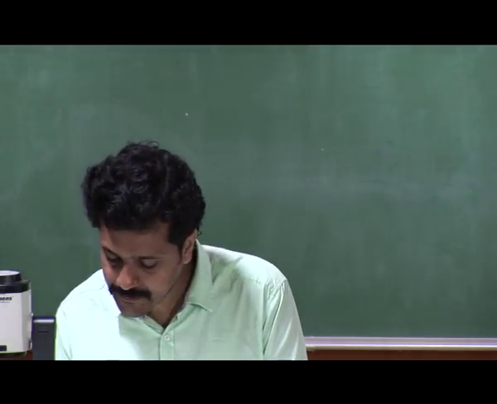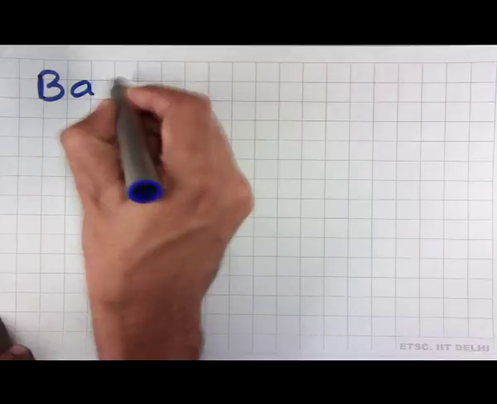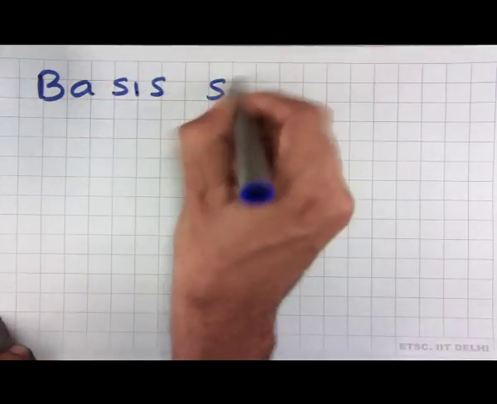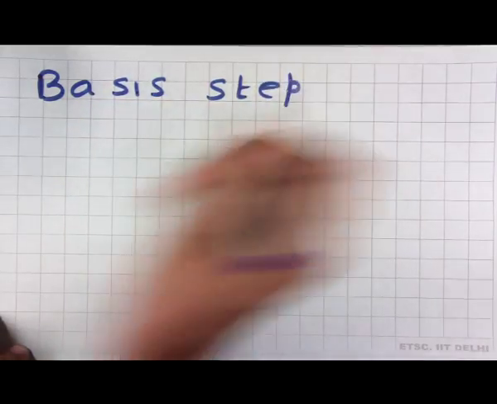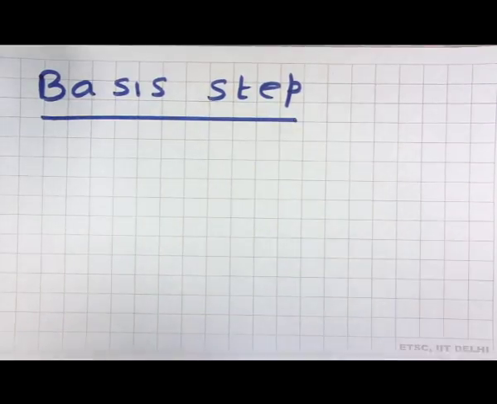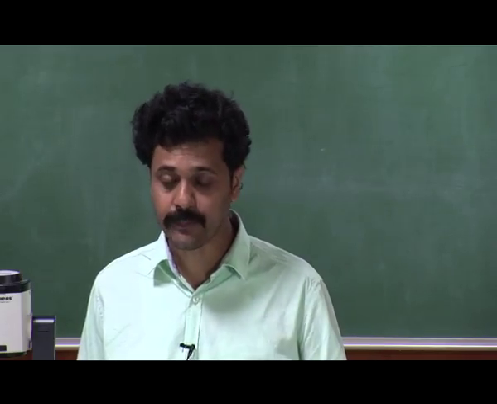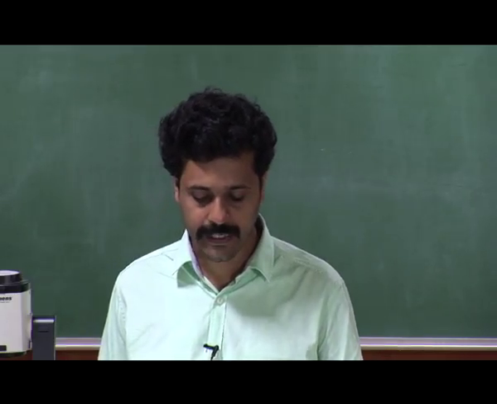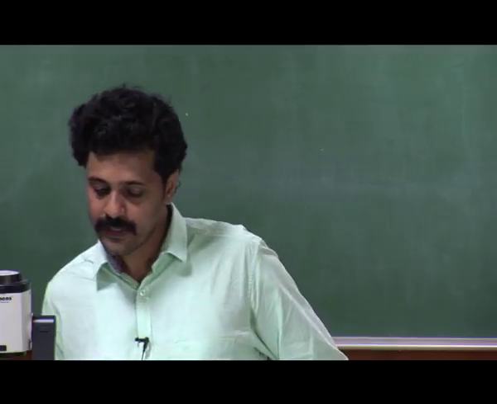The first step, the basis step, is to verify that the given assertion is true for n equal to 0, because we want to prove the statement for all non-negative integers.